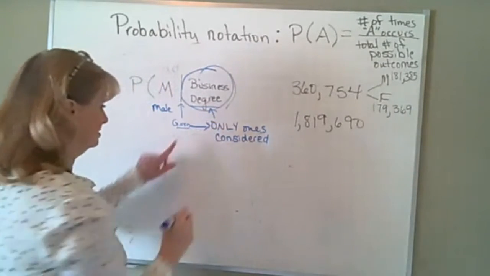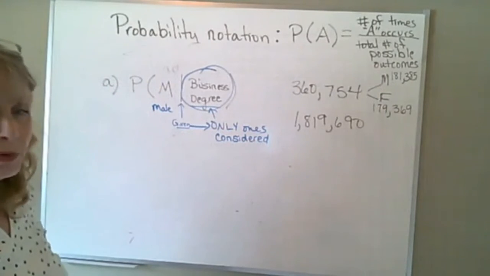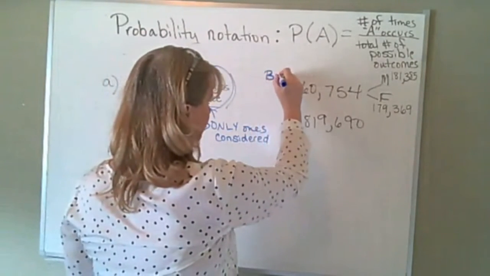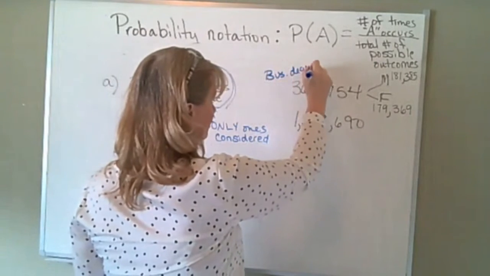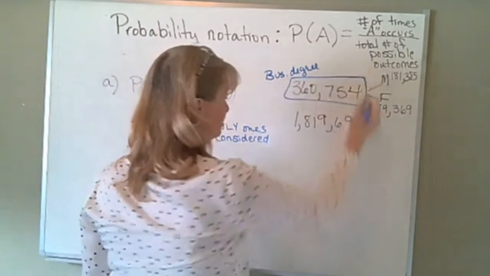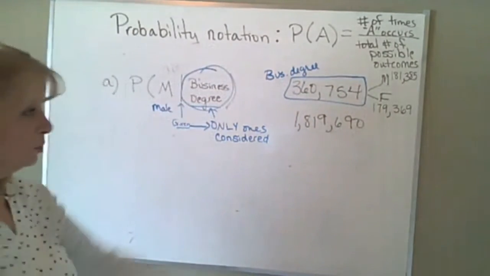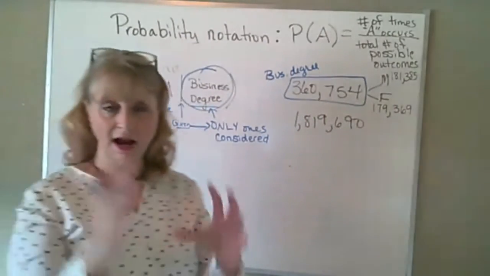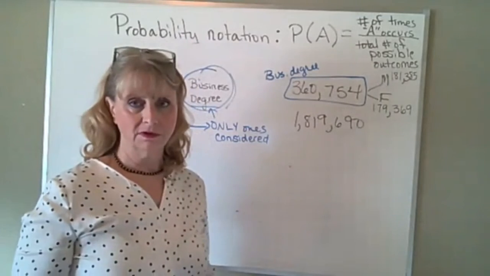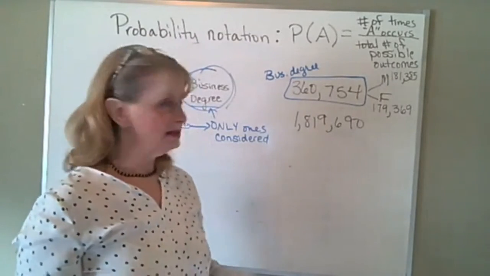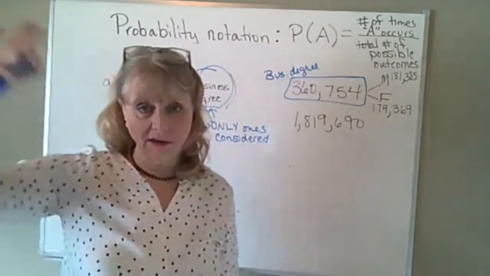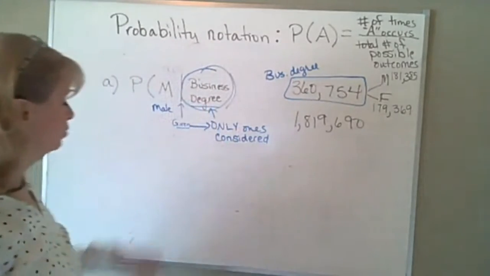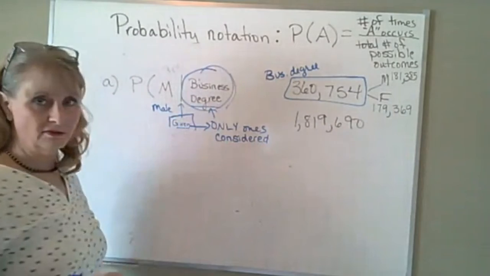Because that's given. We already know the person had a business degree. So that means we're only looking at these people, so we don't need this number. The condition narrows the sample space. Because if we already know they got a business degree, we're not even looking at the ones that didn't get a business degree because this condition was given.